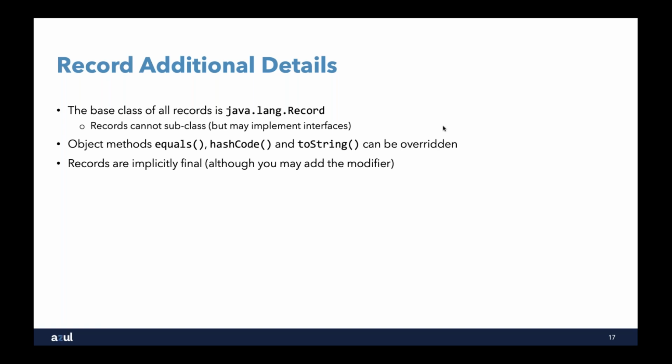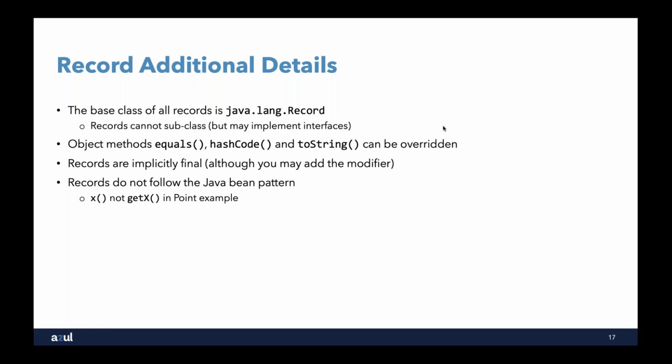Records are implicitly final, meaning that you cannot extend a record further. You can't subclass it, just isn't possible. So records are kind of, as I say, a special form of class because you can't subclass anything else and you can't extend it further. They're just records. If you want to, you can add the final modifier to your record, but because it's already implicitly final, you don't have to do that. It won't make any difference.